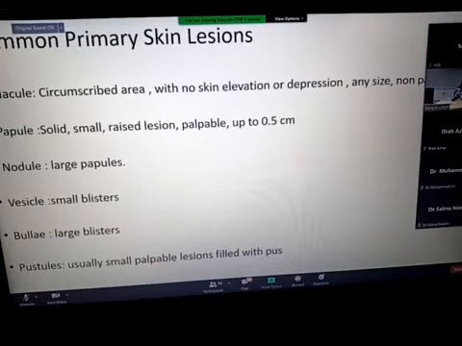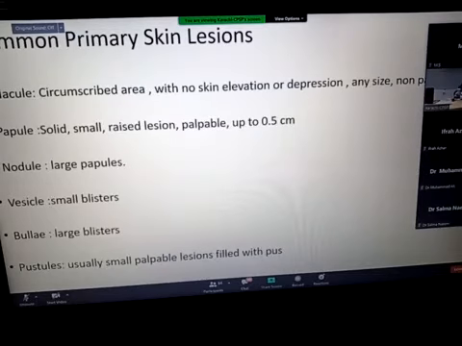If a large papule is encountered, which is roughly more than 0.5 centimeters, then the name changes to nodule. So if it is a small, palpable, solid lesion, it is a papule. When there is an increase in size, roughly more than 0.5, then it becomes a nodule.